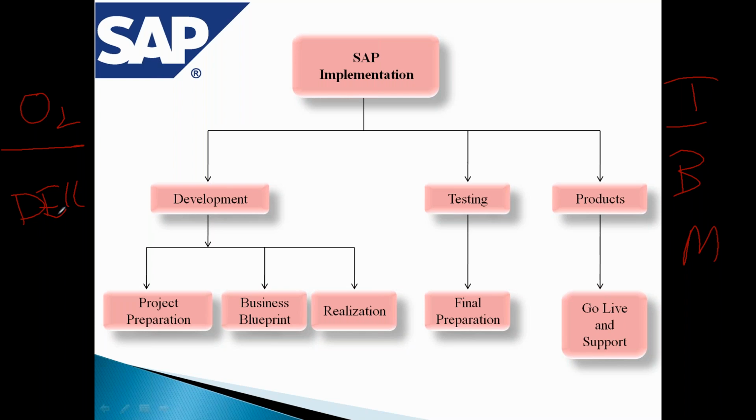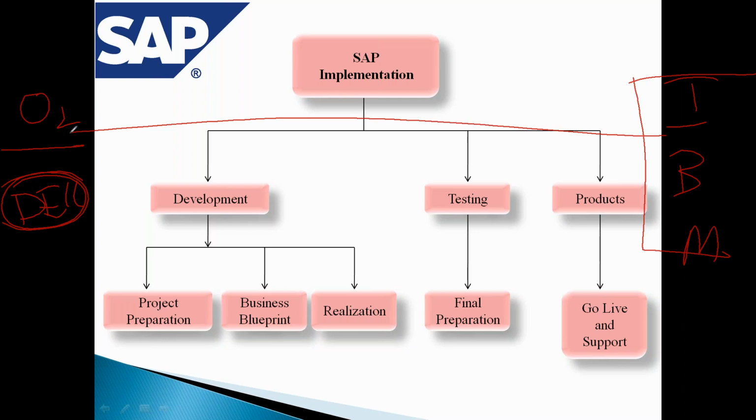I'll take any one of these companies, or any other company. Think we're taking Dell for our training program. So before I speak about the training program, in a project think, IBM got a project to implement SAP into Dell. This is the concept now. A consultant team will be allotted.